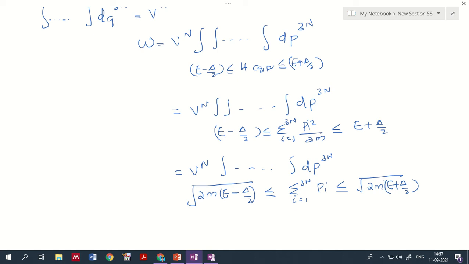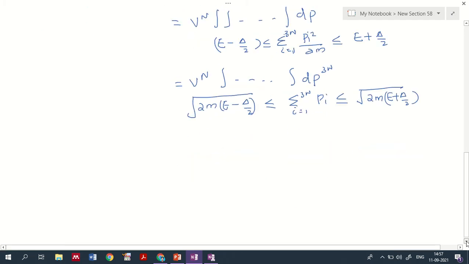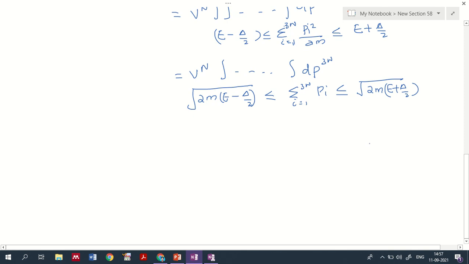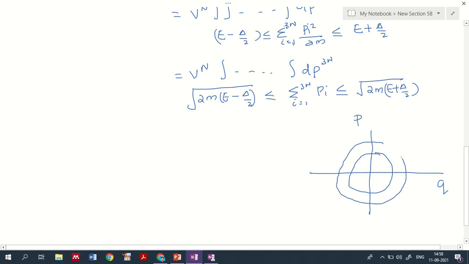So this is the limit of that momentum space we will be getting, associated with the classical ideal gas. Now if I represent the above condition, because earlier we have represented a hypershell in this fashion in a momentum space, where we have p on the y-axis and q on the x-axis, so we have a hypershell, treated as a circle.